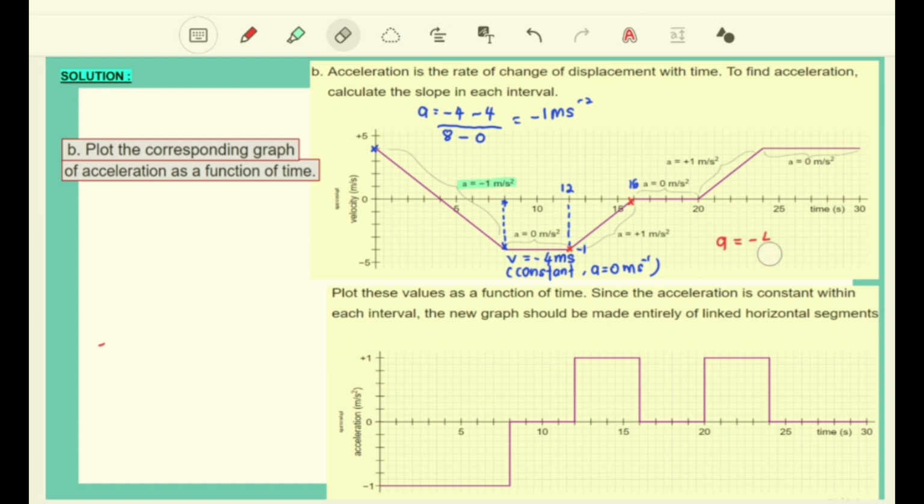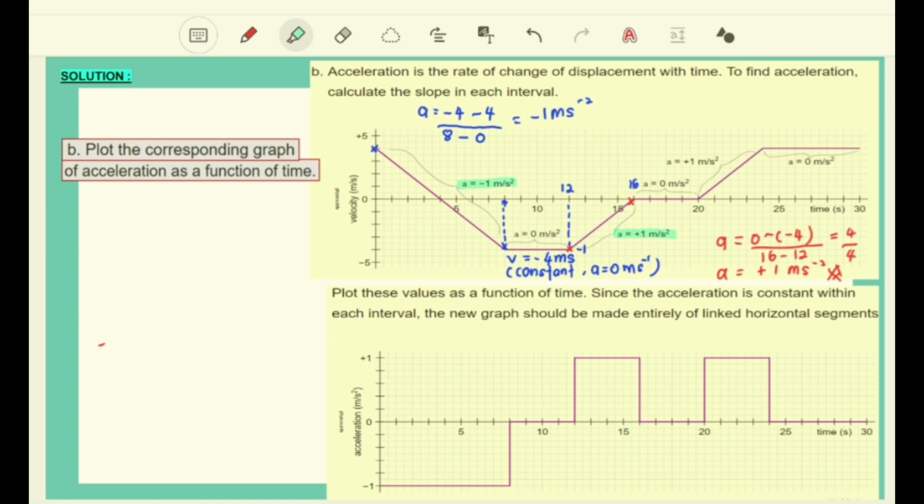Final is 0 minus initial, negative 4, divided by X, 16 minus 12. So it's 4 divided by 4. So acceleration is positive 1 meter per second squared.